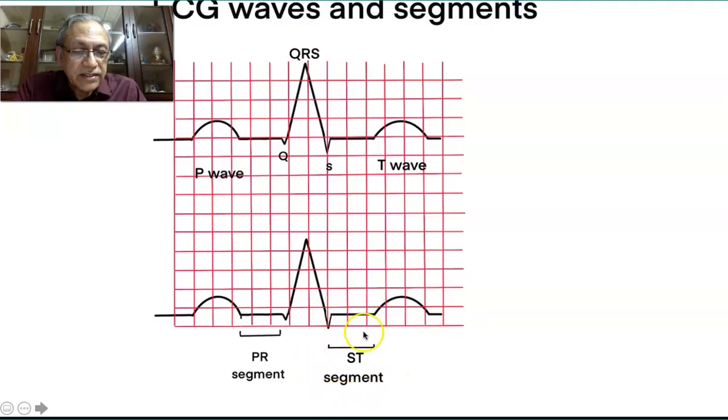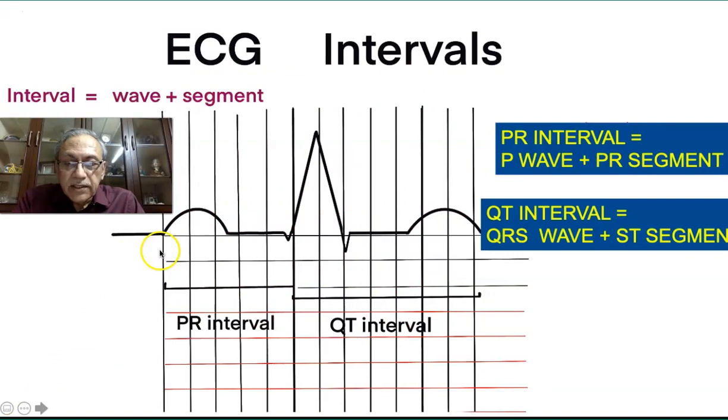This is called the ST segment. So PR segment is at the end of P wave to the beginning of QRS complex, and the ST segment is at the end of S wave to the beginning of the T wave. So we have learned what is a wave and what is a segment.